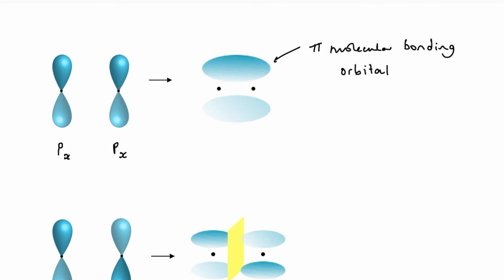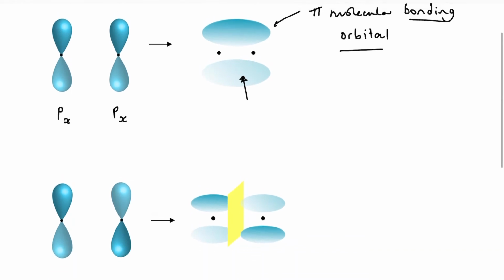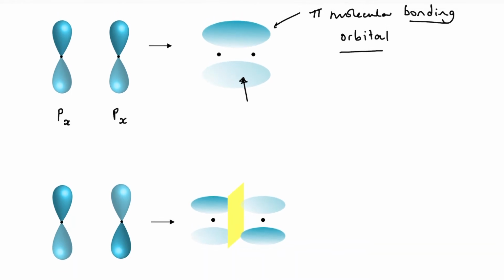And we can see with our bonding orbital, we have greater electron density between the two atomic nuclei. If we can combine our waves constructively, then of course we can also combine them destructively. So if we've got a pi molecular bonding orbital, we are also going to form a pi antibonding orbital.